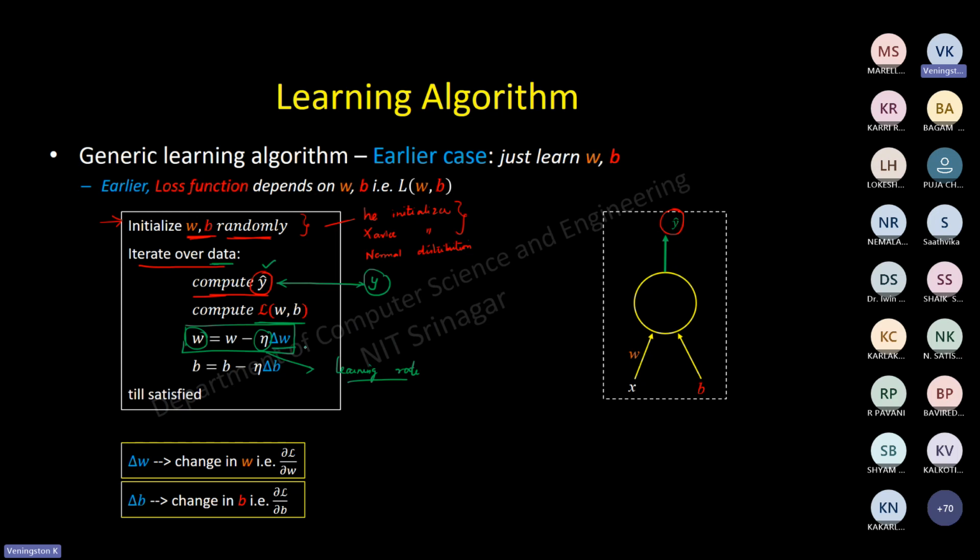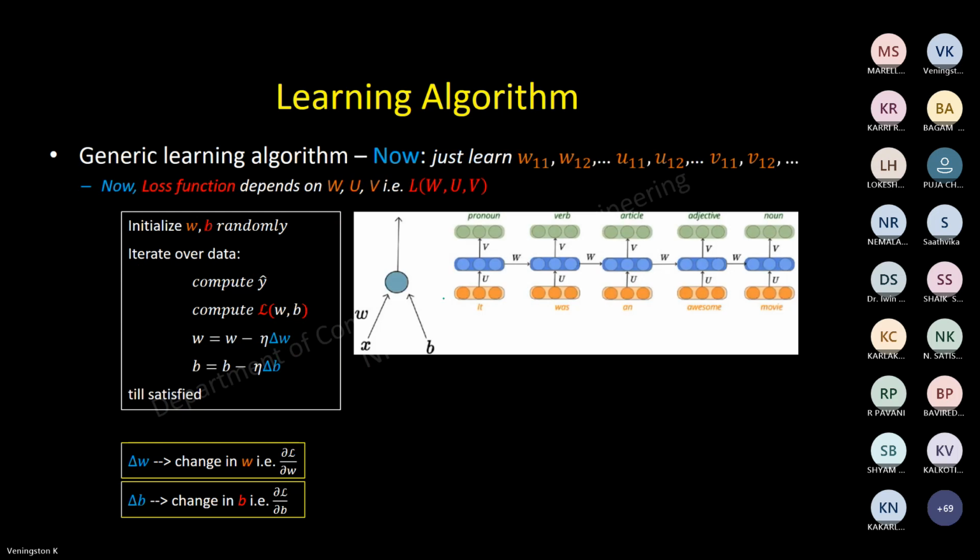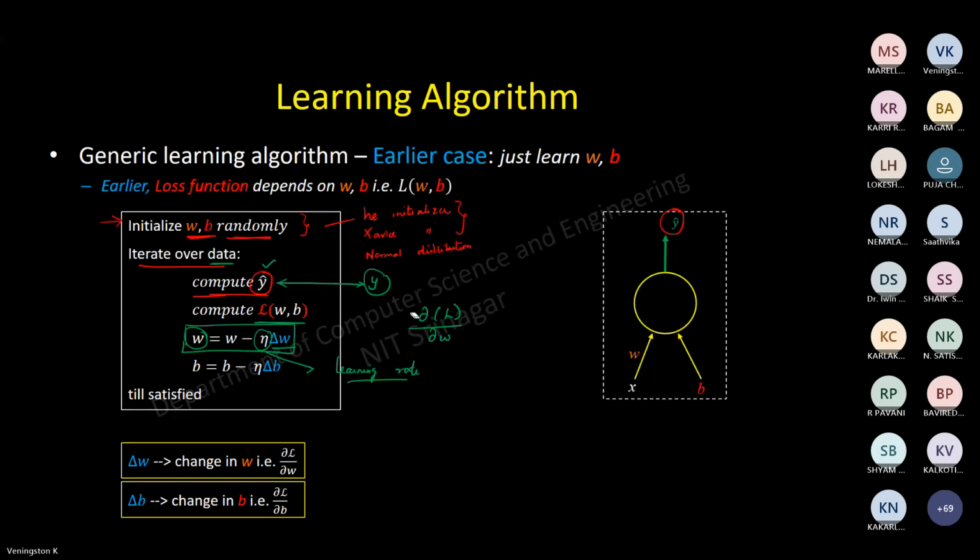Delta W is the derivative of the loss function with respect to every weight value in the model. We are going to compute this, and then use this update rule to compute the new set of W's and new set of B's for the subsequent epoch.